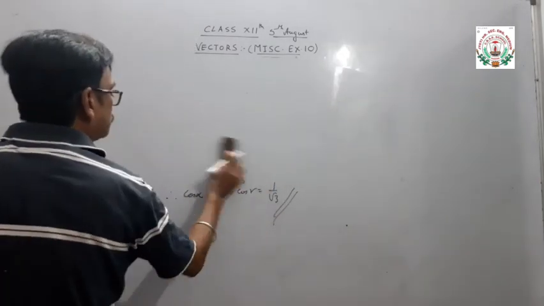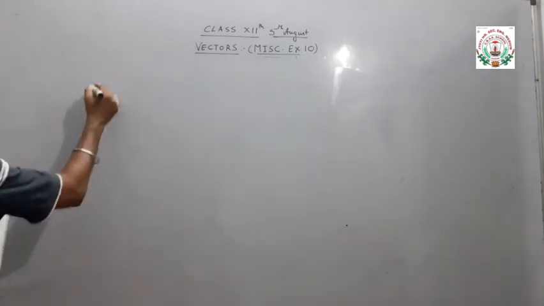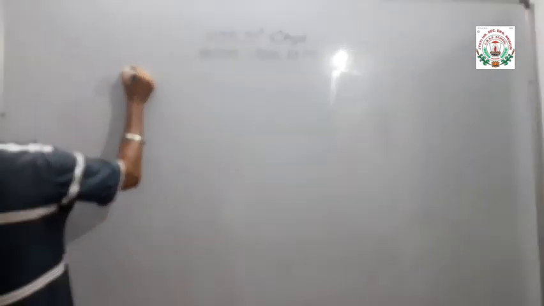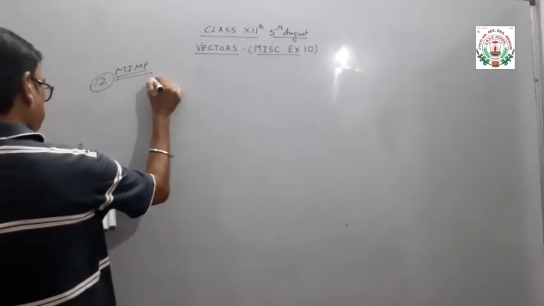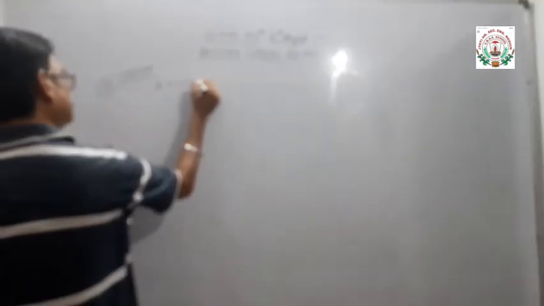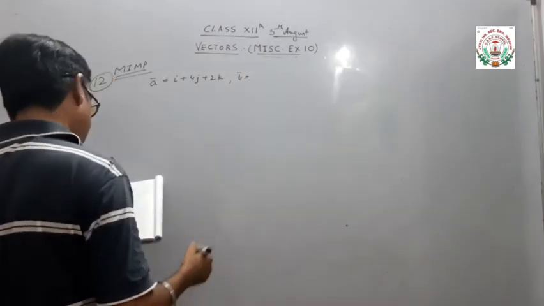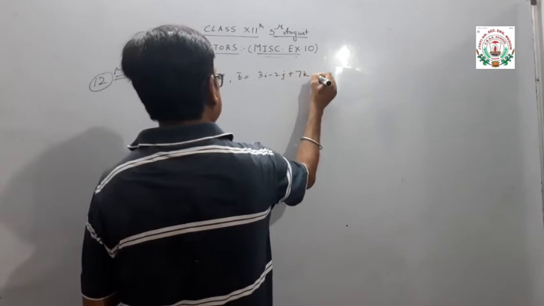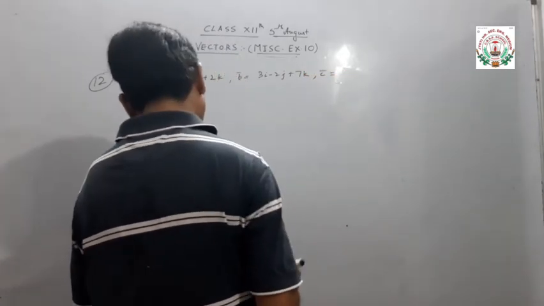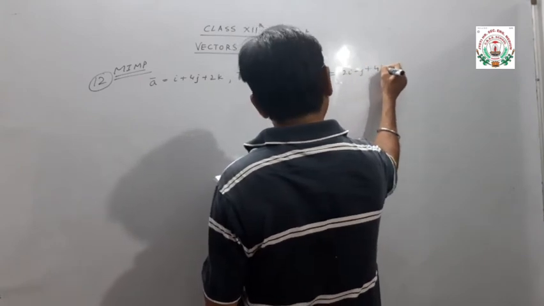Now let's move to question number 12. This question is the most important question. Let vector A equal i plus 4j plus 2k, vector B equal 3i minus 2j plus 7k, and vector C equal 2i minus j plus 4k.